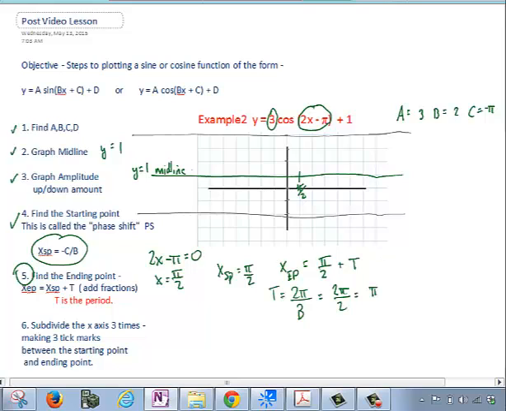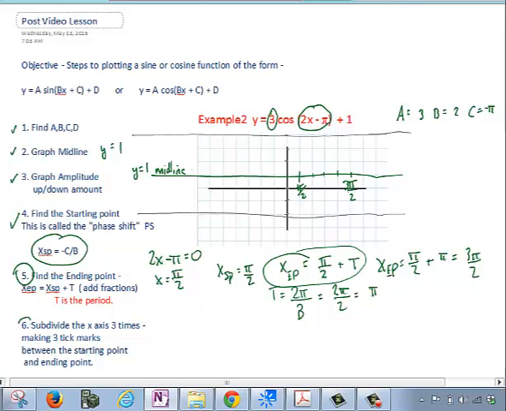Solving for my endpoint is going to be pi over 2 plus pi, which is 3 pi over 2. I'm going to find a point about 4 tick marks away: 1, 2, 3, 4. I'm going to call that my endpoint, 3 pi over 2.